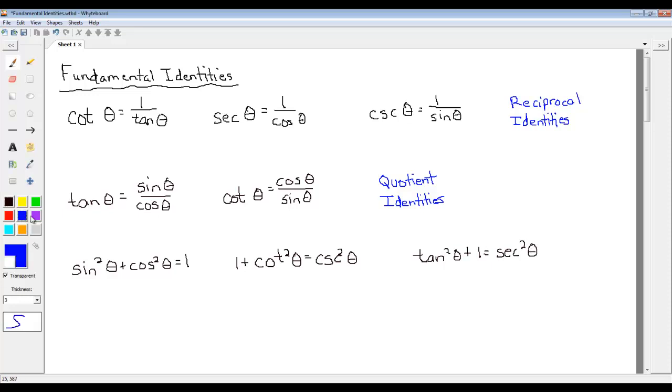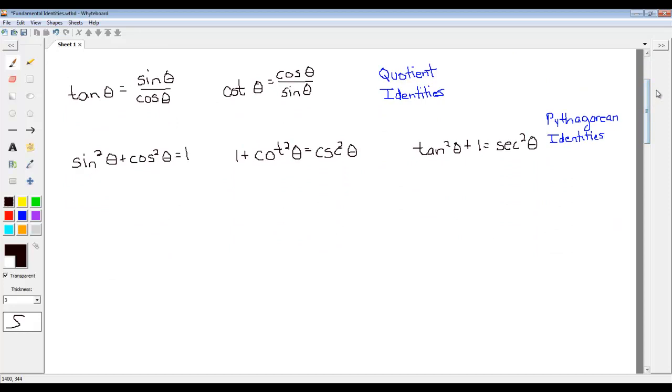But these are Pythagorean identities. We learned those, and you can always manipulate those some, like sine squared theta equals 1 minus cosine squared theta, or use a little algebra and solve for one to get another identity basically. And you can use those.